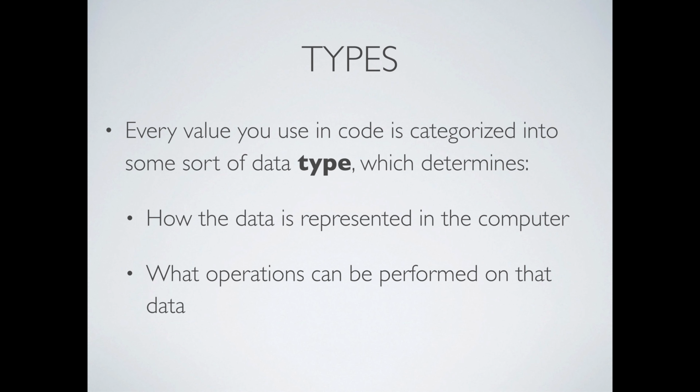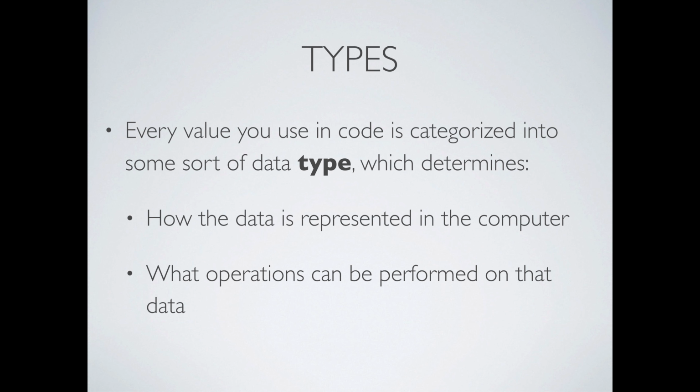Alright, so before we talk about strings, I want to talk about the idea of a type. So every value that you use in your code, basically any noun that you use, any piece of data, is going to be categorized into some sort of data type. So the type determines 2 things. It determines 1, how the data is stored in the computer, how it's internally represented.